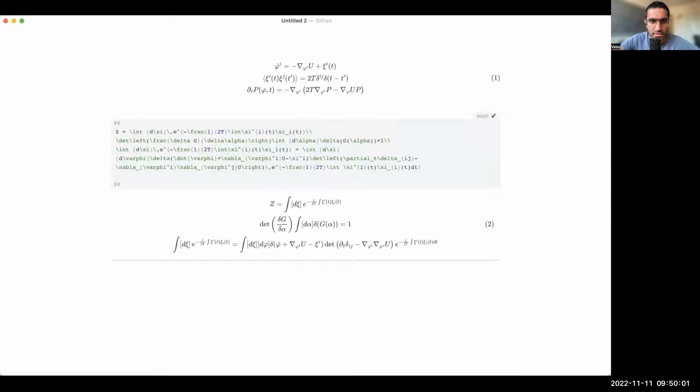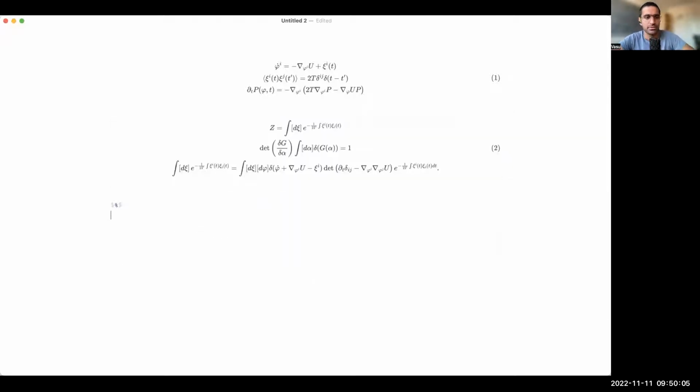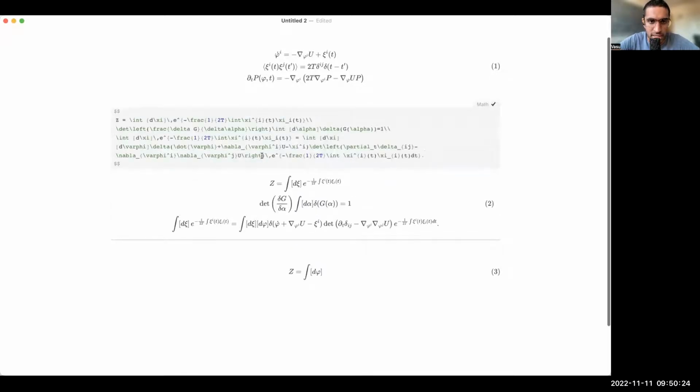All right. So now what we're going to do is use up the delta function, and we're going to get that this delta function sets these x's to phi plus grad u, right? So what we're going to have is that there's now just the integral over phi with the determinant that comes along for the ride.